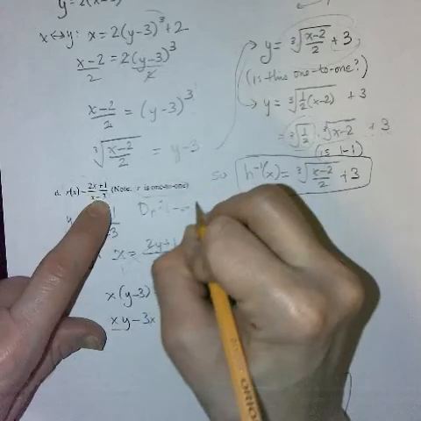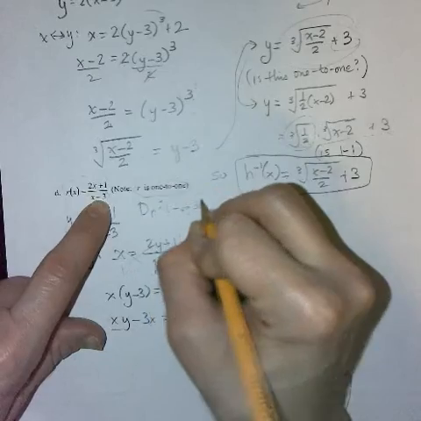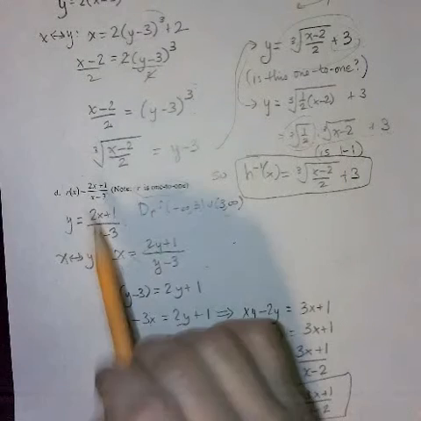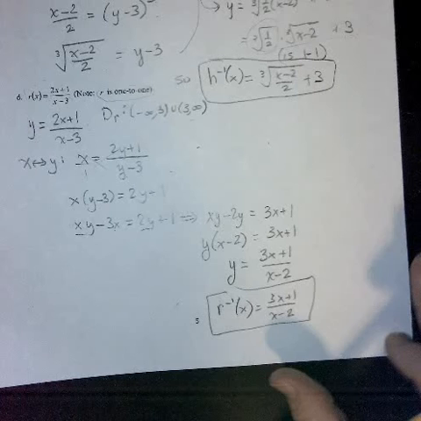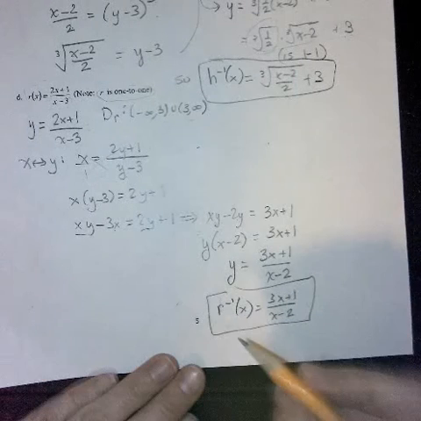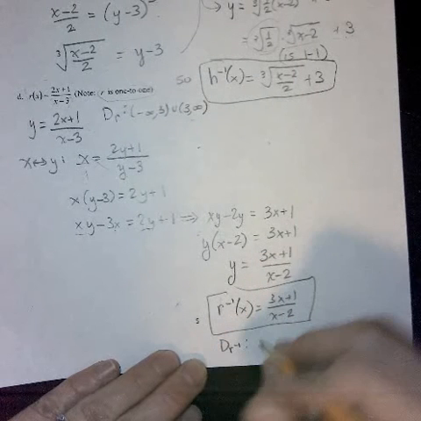Now the range is not clear just by looking at this, but what we can do is look at the domain here of R inverse. Notice that's negative infinity to 2 union 2 to infinity.